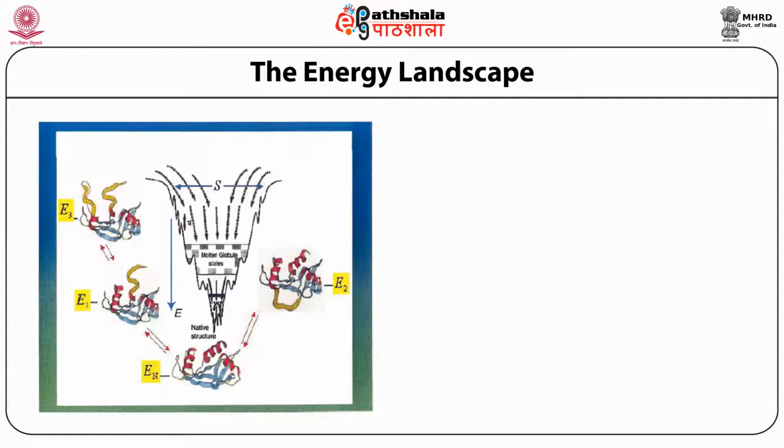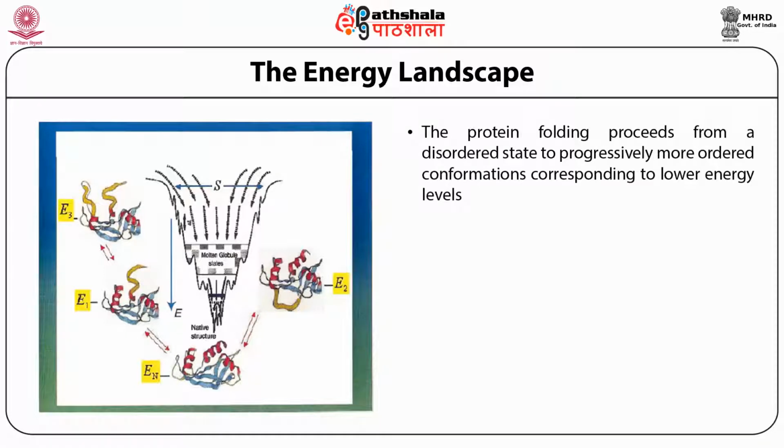You can see here in the energy diagram, the protein in the disordered structure has a large number of conformational ensembles, which proceed towards the formation of a well-defined three-dimensional structure having the minimum number of conformations and minimum energy.